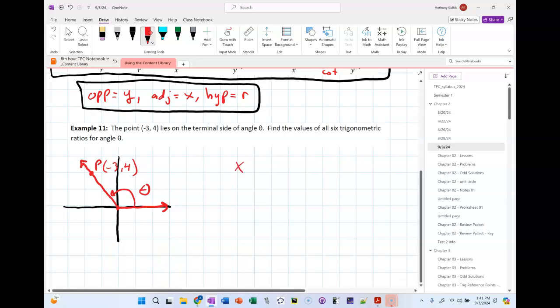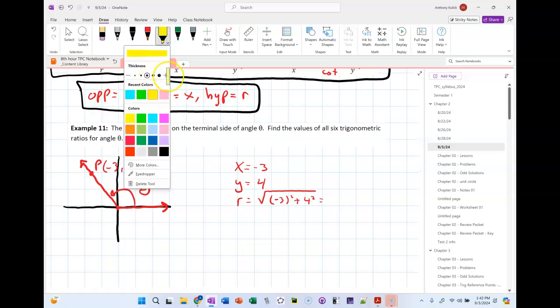So the x value in this case is -3. The y is 4. And the r is the square root of x squared plus y squared, right?